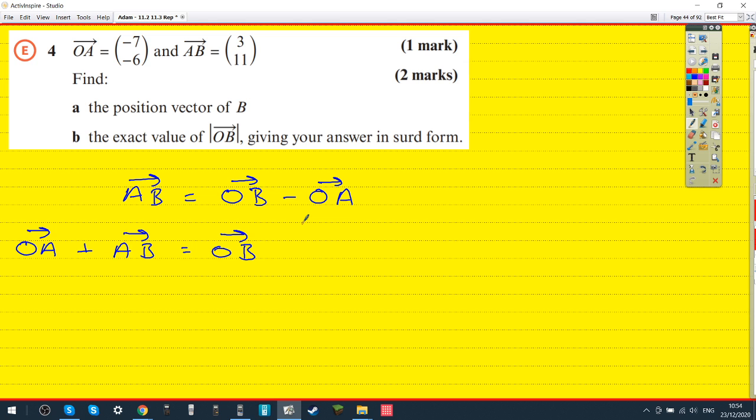So would it become 7i plus 6j for OA because you added it on both sides? I don't think so actually, because it was minus minus. If it's over there, it's just OA.